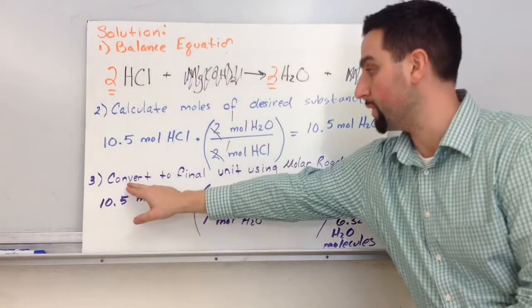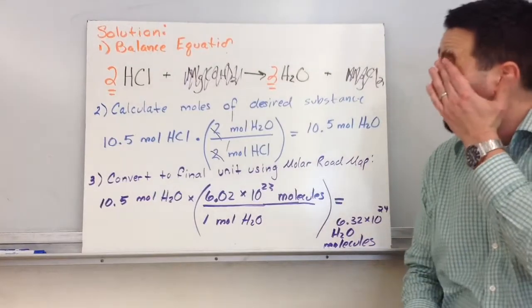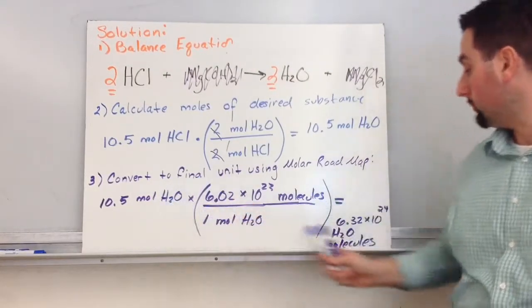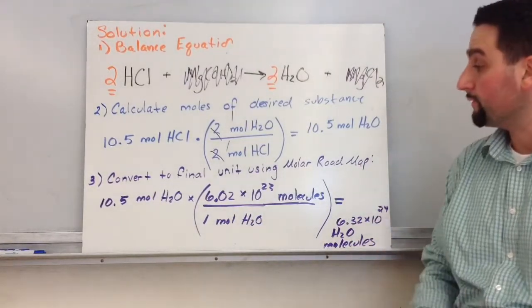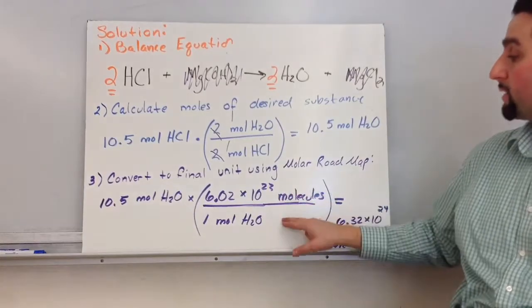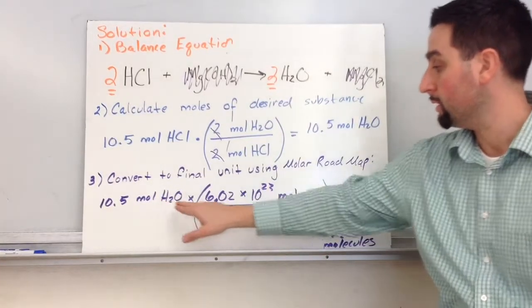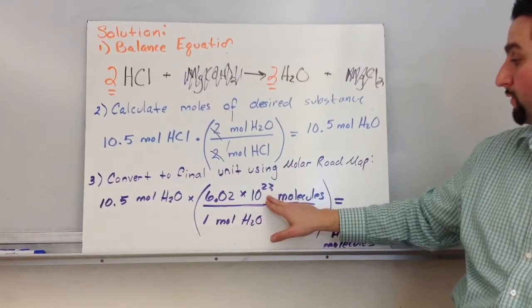So our last step here is using the molar roadmap. Let's convert between moles of water and molecules. The one thing that we do in class that we've understood at this point is we use Avogadro's number. So 10.5 moles of water, every 1 mole of water has Avogadro's number of molecules.